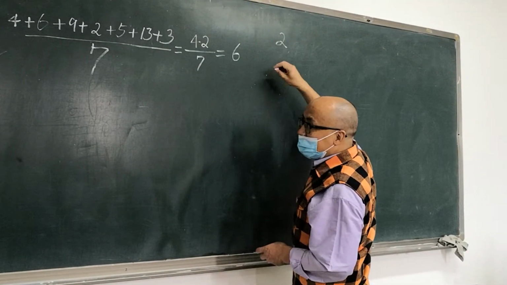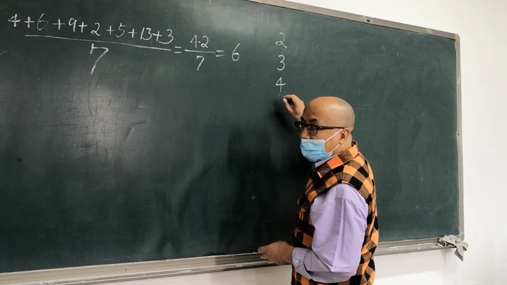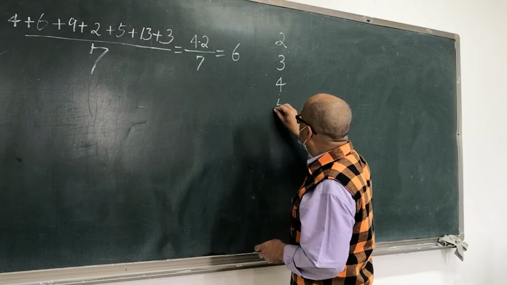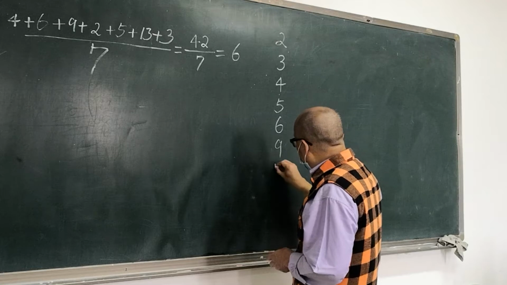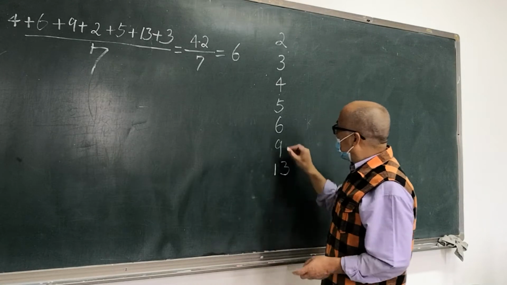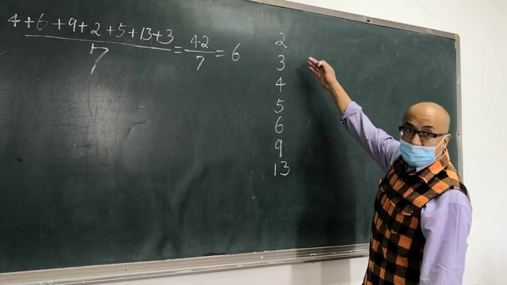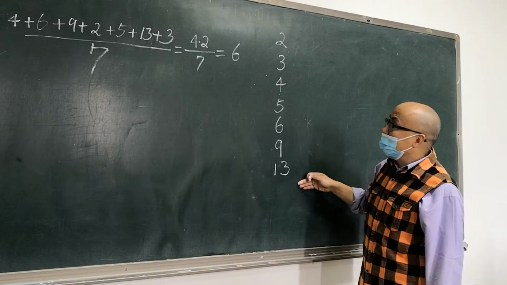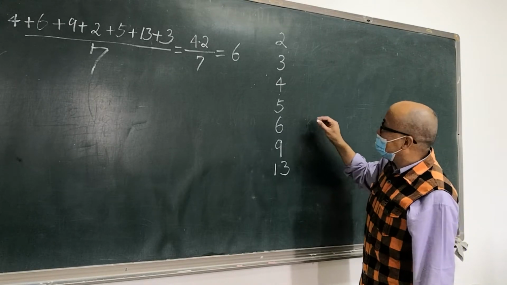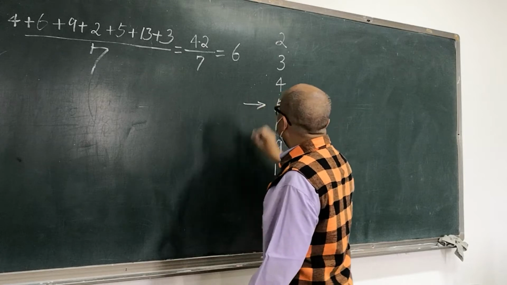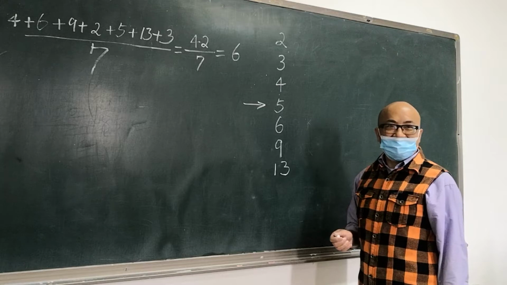And what's next? 3, 4, 5, 6, 9, 13. And we have 7 numbers in total. So the middle number, the median, is 5.